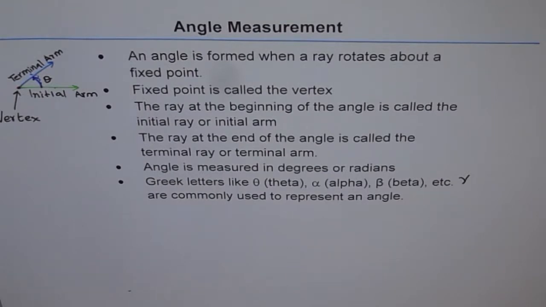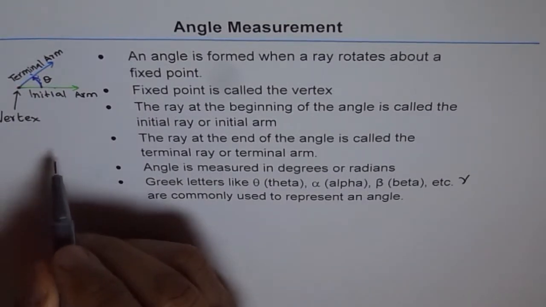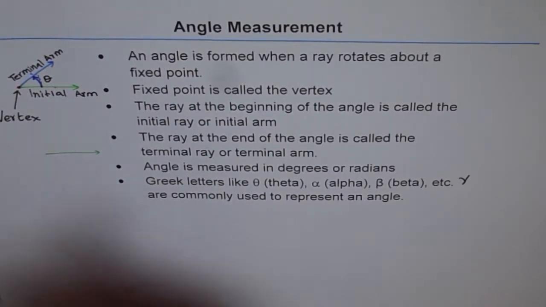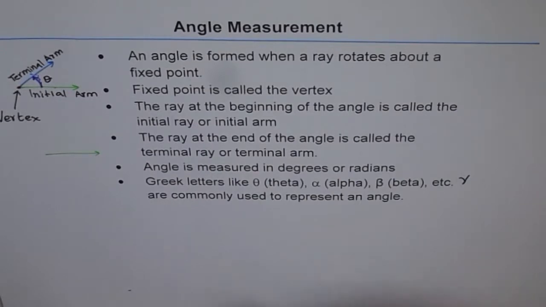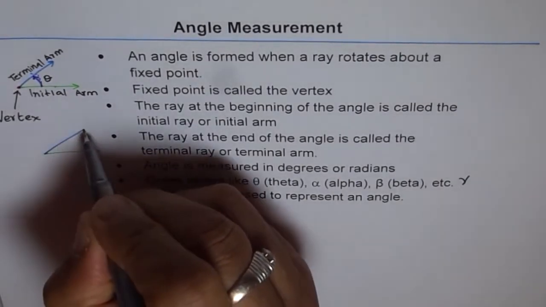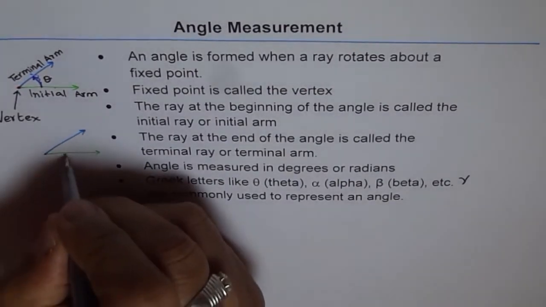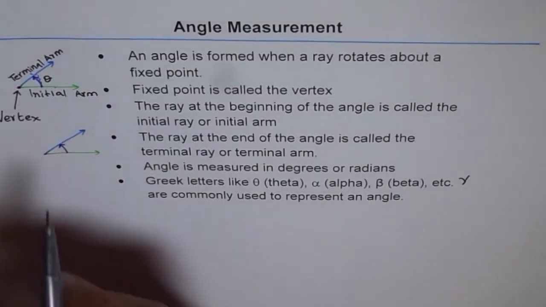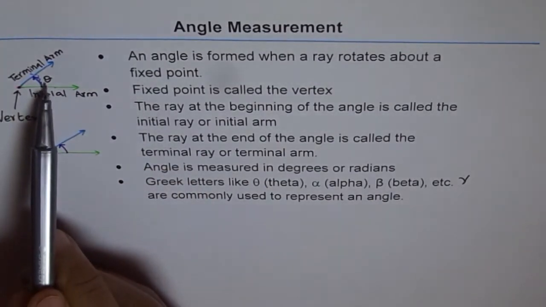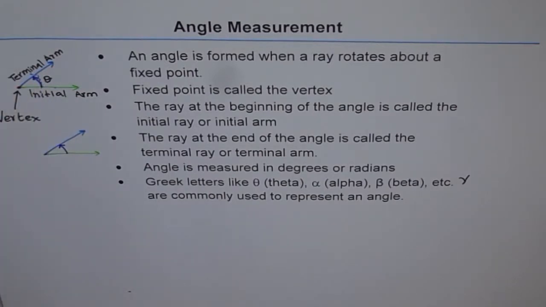Let's say this is our initial arm, and that's our terminal arm. So get used to this nomenclature, okay? And the angle we have here is this. Theta is most common to refer to the angle.